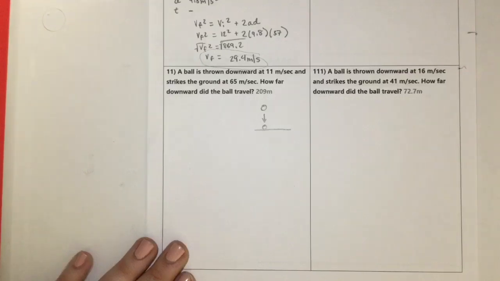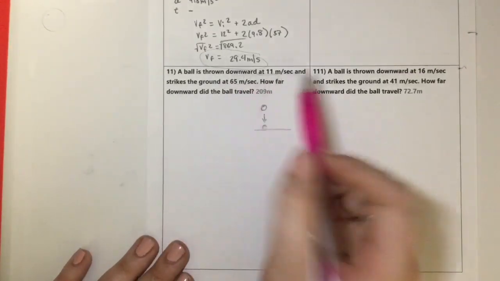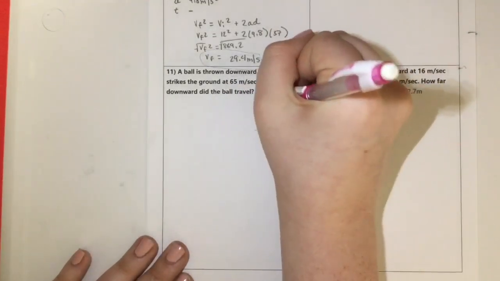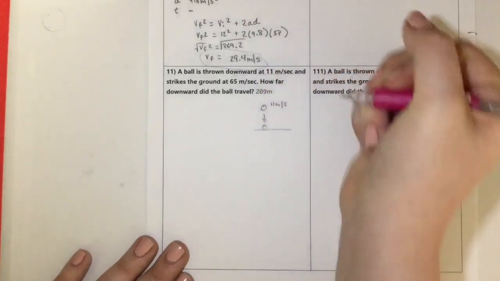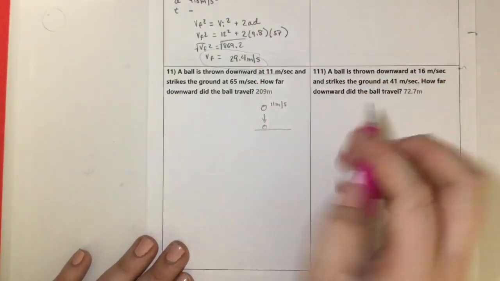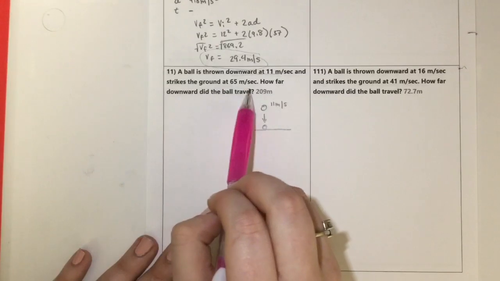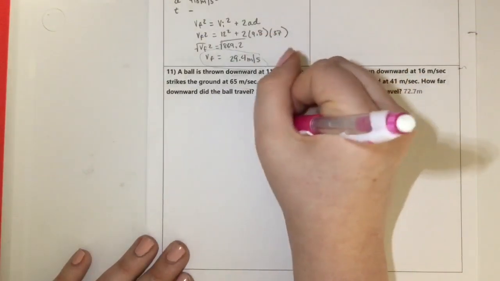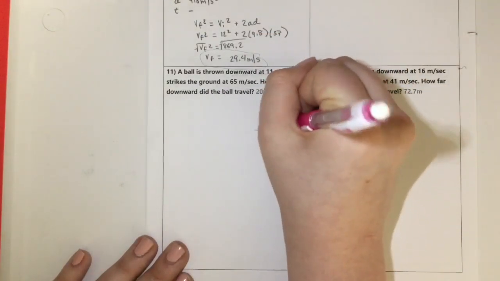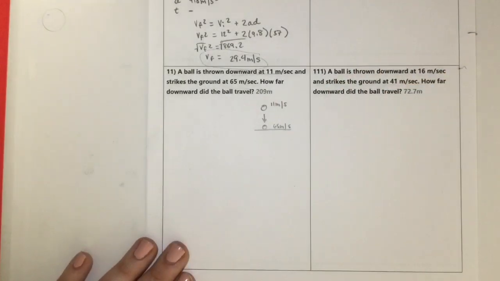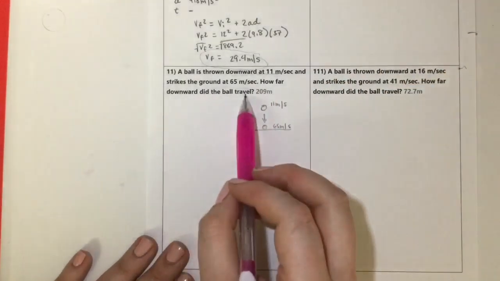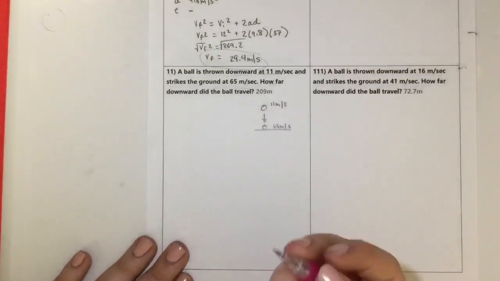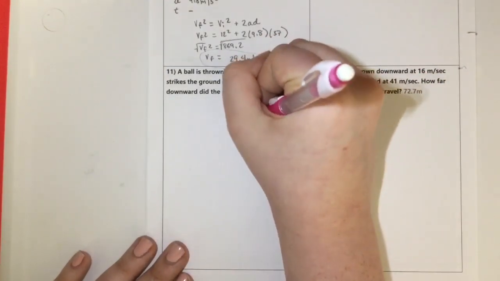It says the ball is thrown downward at 11 meters per second, so our initial velocity is 11 meters per second. And it also says it strikes the ground at 65 meters per second, so our final velocity is 65 meters per second. The question asks, how far downward did the ball travel? How far usually indicates we're looking for distance, so in this situation, we're going to look for distance.